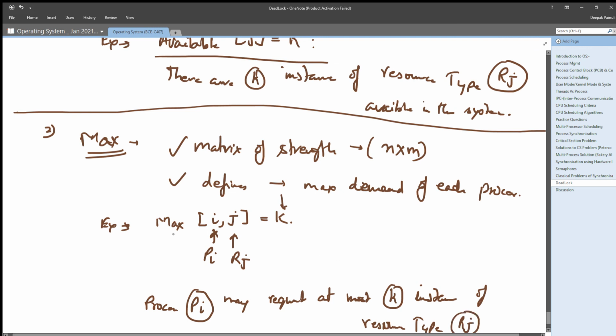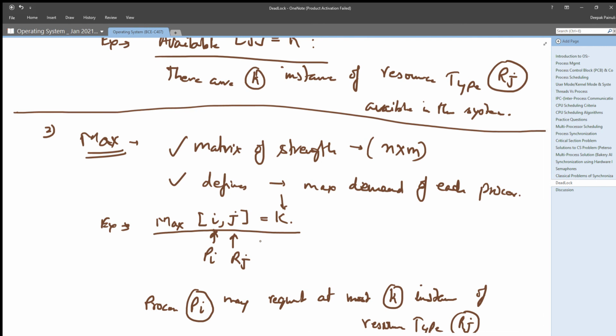This is a matrix, that's why it has two indexes. So Max will define the maximum need or maximum demand of a particular process.